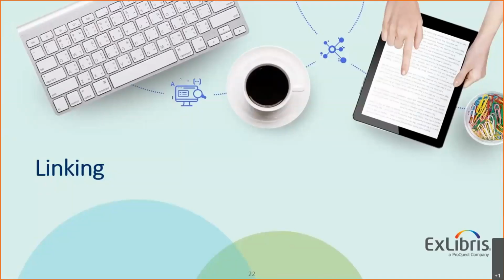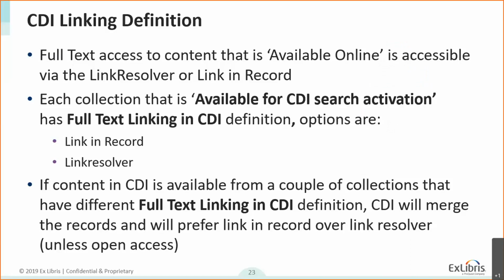Okay, let's discuss linking a bit. Access to the full text in CDI will be available for all of the content that you have available online. So we've already marked all of the content that you have available online. Now, how do you access the full text for that content?